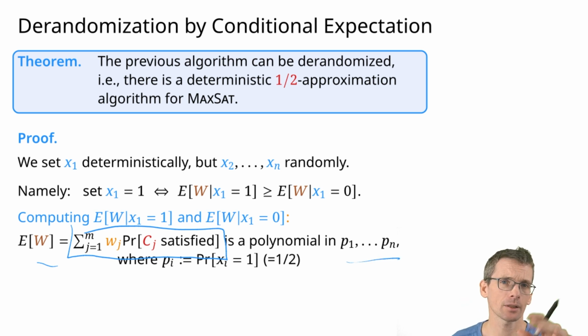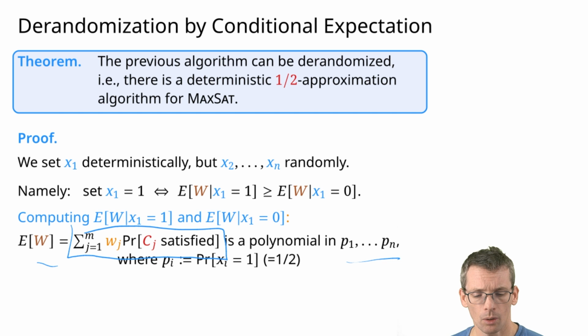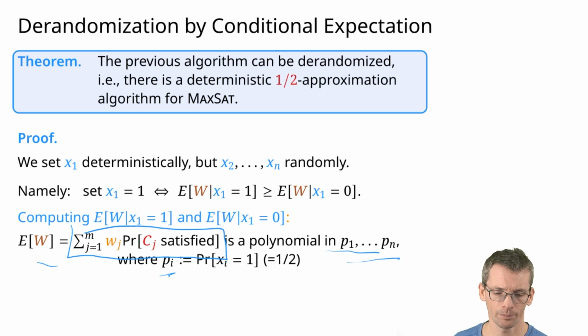On the next slide, I will also give you a different way of analyzing this, but I find this one most intuitive. Here pi is the probability that xi is 1. This is slightly confusing because we know that the probability of xi being 1, because we have our random algorithm, is simply 1/2.